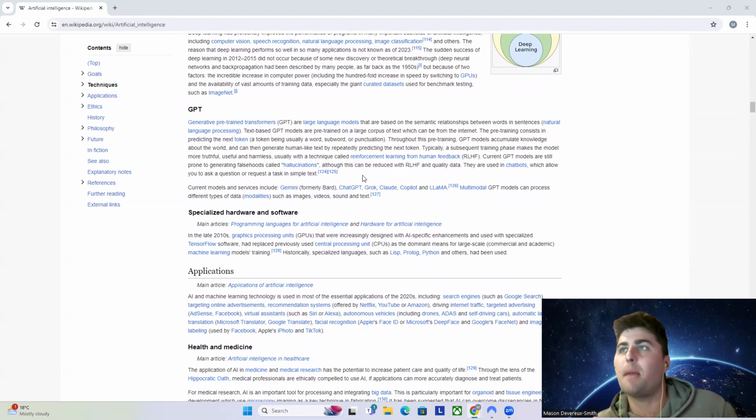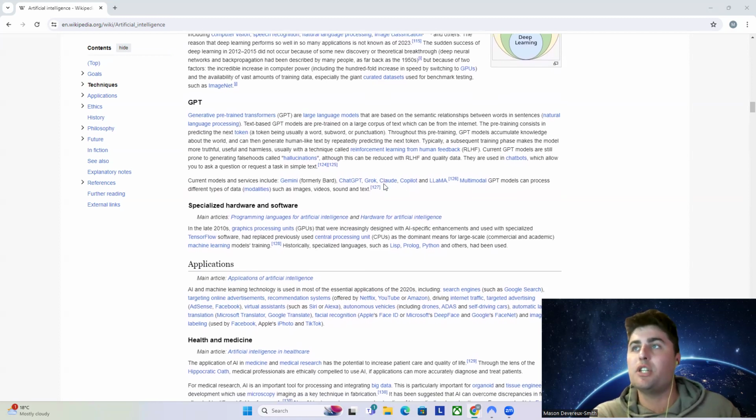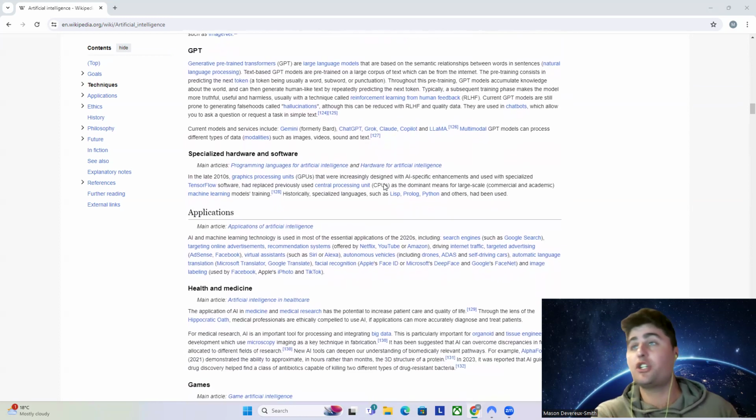Deep neural networks and back propagation have been described by many people as far back as the 1950s, but because of two factors: the incredible increase in computing power, including the 100-fold increase in speed by switching to GPUs, and the availability of vast amounts of training data, especially the giant curated data sets used for benchmark testing, such as ImageNet.